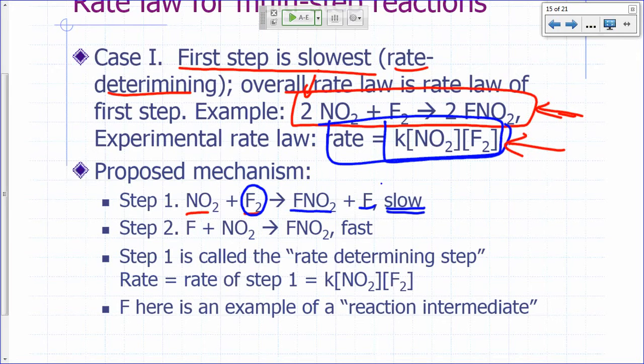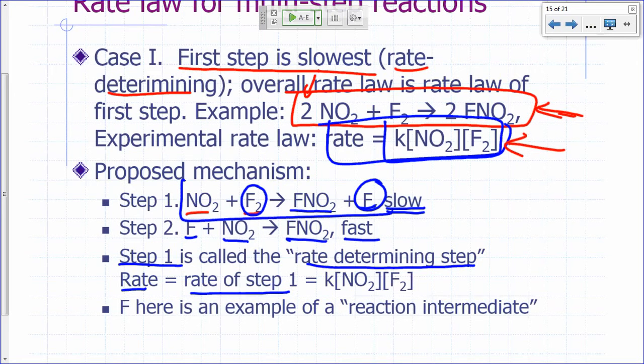And then we propose in step 2 that this fluorine here, that's produced in step 1, finds another NO2 molecule really fast and gives you the other product, another FNO2 molecule, and that's fast. And so step 1, we say, since it's slow, will be your rate determining step. The rate law for the reaction would just say that the rate is equal to the rate of step 1.